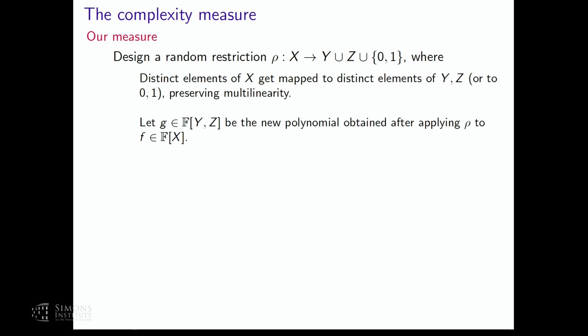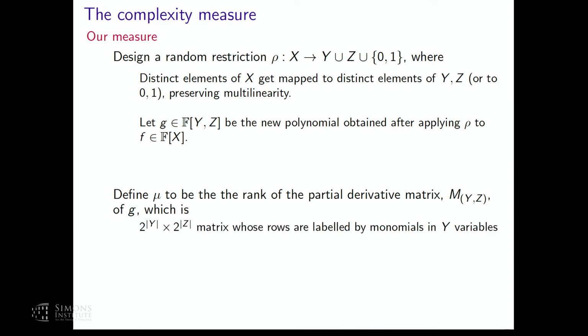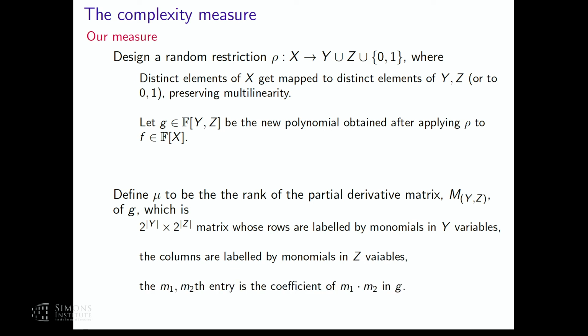And now when you get this new polynomial g, which is over these y and z variables, define mu to be the rank of the partial derivative matrix of y comma z. The partial derivative matrix is nothing but you label the rows with y monomials, label the columns with z monomials, and a particular entry in this is the coefficient of the corresponding product of the monomial obtained by taking the row monomial times the column monomial.